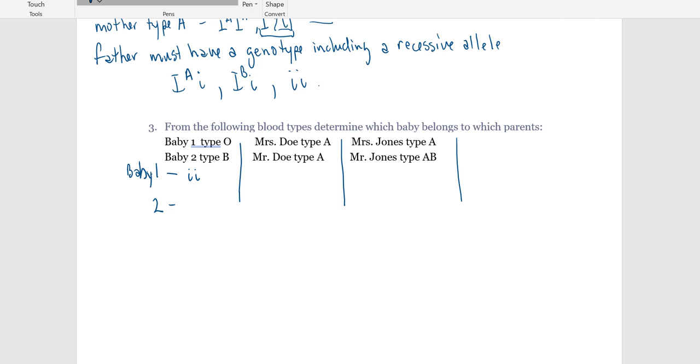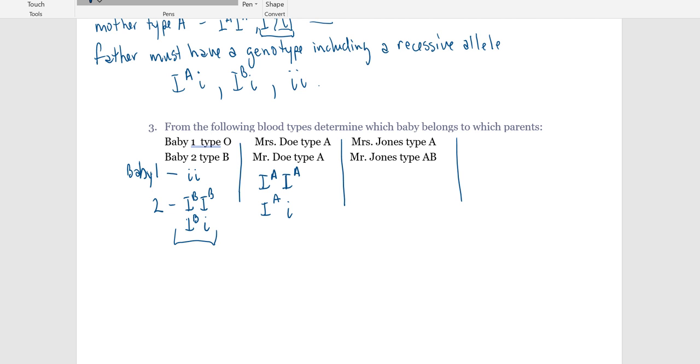Baby two is type B, so that has to be either homozygous dominant or heterozygous for B. Now, Mrs. Doe and Mr. Doe are type A. So to be type A, you either have to be homozygous dominant or you could be heterozygous for type A. Now, if we look at this right off the bat, there is no way that Mr. and Mrs. Doe could produce a child with type B.